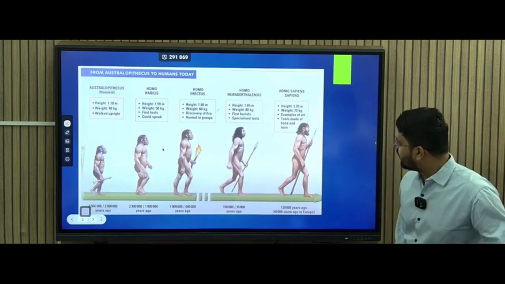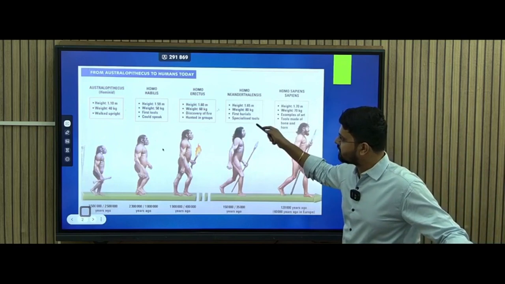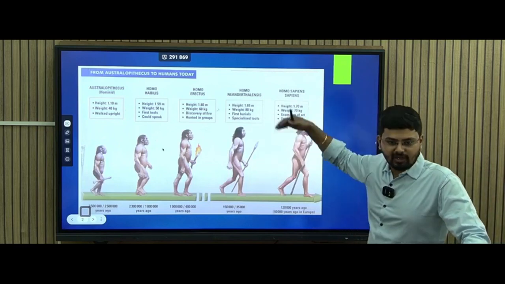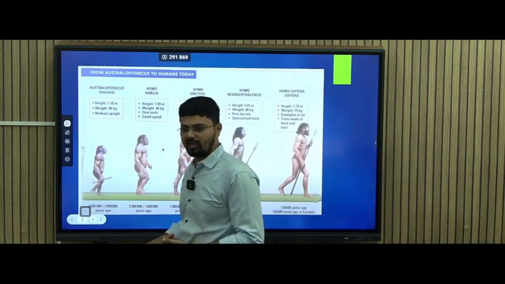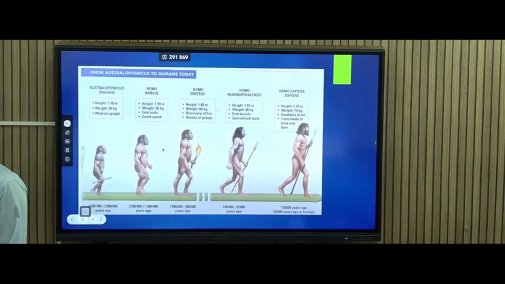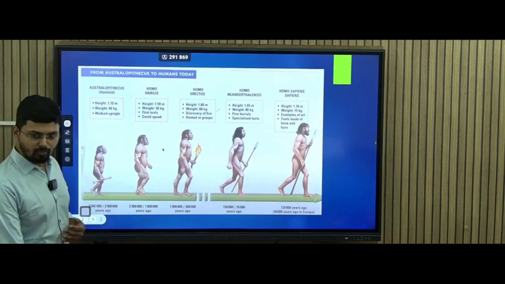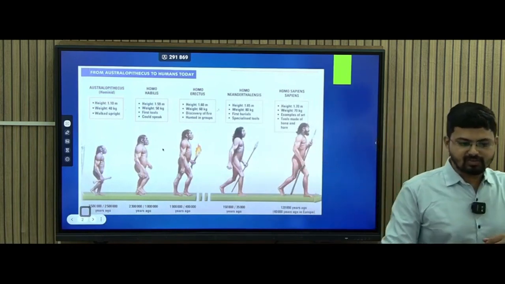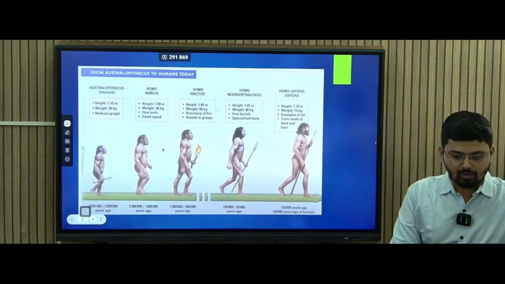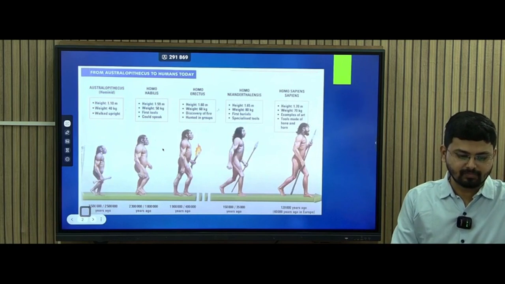right? So then you have specialized tools coming at a later point of time. At the same time, now intentional burials have started. Okay, so you can notice that the emotional component of humans is getting developed. That means they have started becoming more humanistic in nature, right?